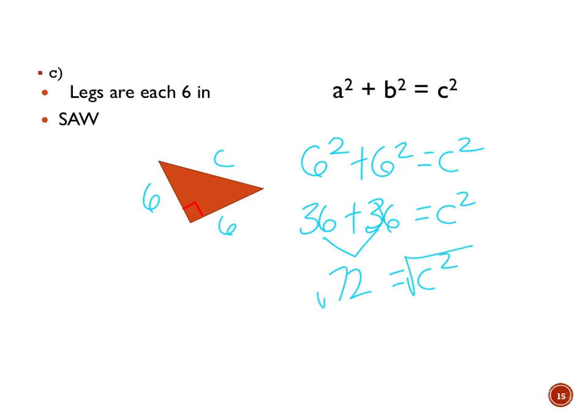Take the square root of both sides to get C by itself. The square root of C squared equals C, and the square root of 72 is 8.48. We're going to round it to the nearest tenth, so it'll be 8.5.